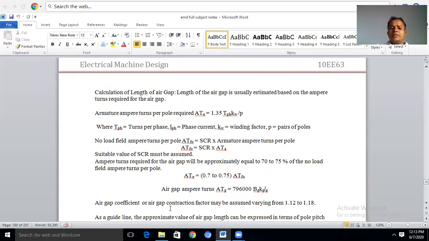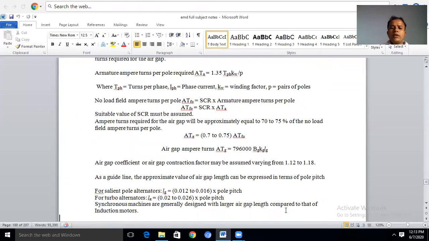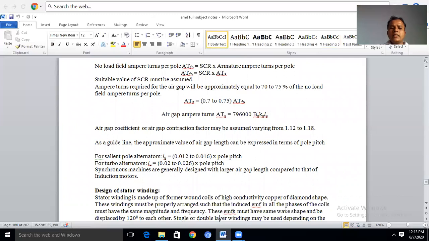The air gap coefficient or air gap contraction factor may be assumed to vary between 1.14 and 1.18. As a guideline, the approximate value of air gap length can be expressed in terms of pole pitch, and for different types of machines, the Lg is given here. So this is up to the selection of the length of the air gap.